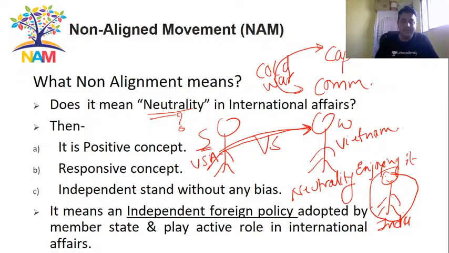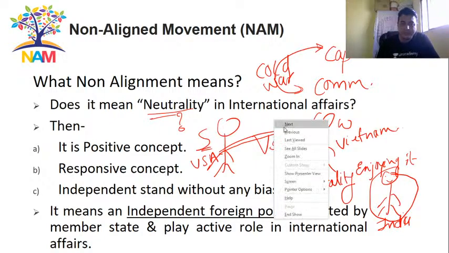What's going on? Does it mean neutrality? No. This is not considered neutrality.